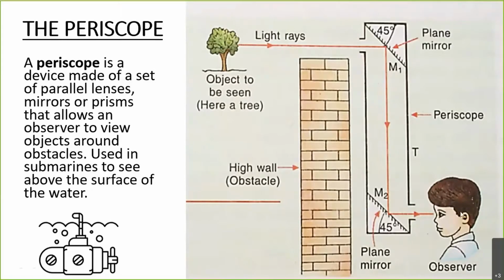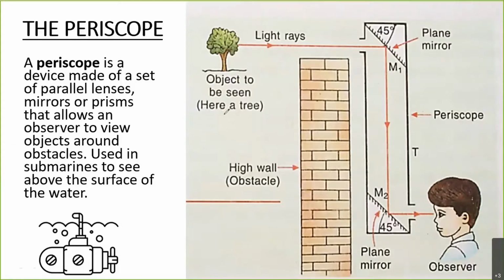So we can see our observer here in the corner. He is standing behind a very high wall, but he's able to see a tree on the other side of the wall by using this device. So what he's done is actually make use of the reflective properties of these plane mirrors.